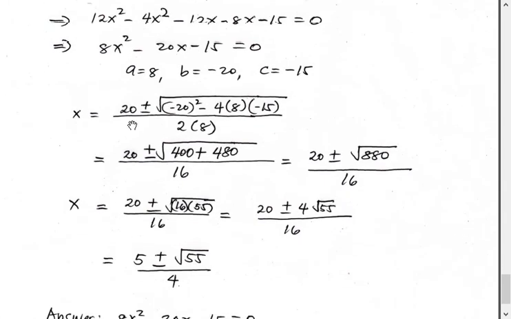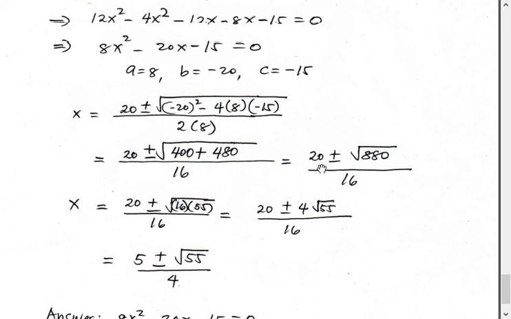Plugging the values, we have negative of negative 20, that's positive 20 plus or minus the square root of negative 20 quantity squared minus 4 times 8 times negative 15 all over 2 times 8. So simplifying, we have 20 plus or minus the square root of 400 plus 480 all over 16.